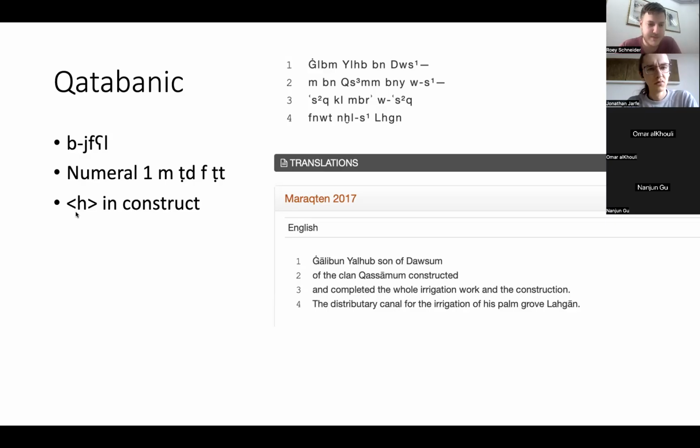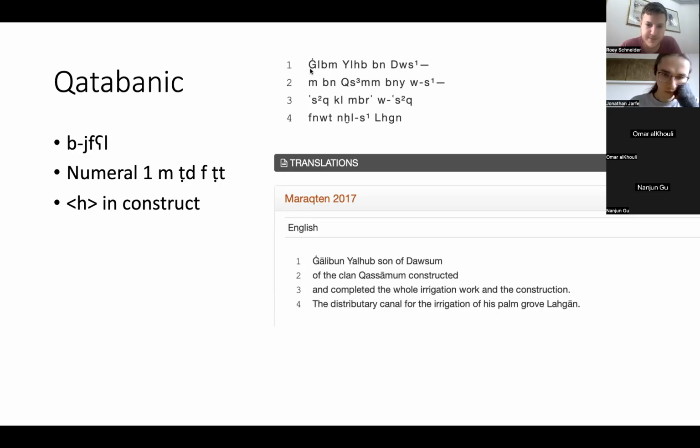And sometimes they add an H in the construct state, or some people call it the absolute state, which sounds funny because it sounds like an opposite, but in these languages, the construct state and the absolute state are usually the same, as opposed to the unbound state or something like that, which usually has some kind of suffix, either definiteness or something else, or tanween.